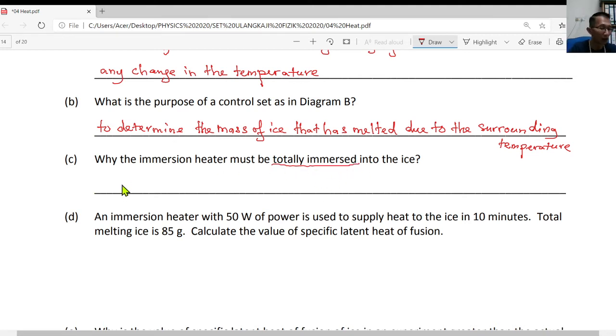Well, common sense. Okay, so that the mass of ice that has melted due to the heat from the heater is more accurate. Or we can also say so that all of the heat supply is used to melt the ice.